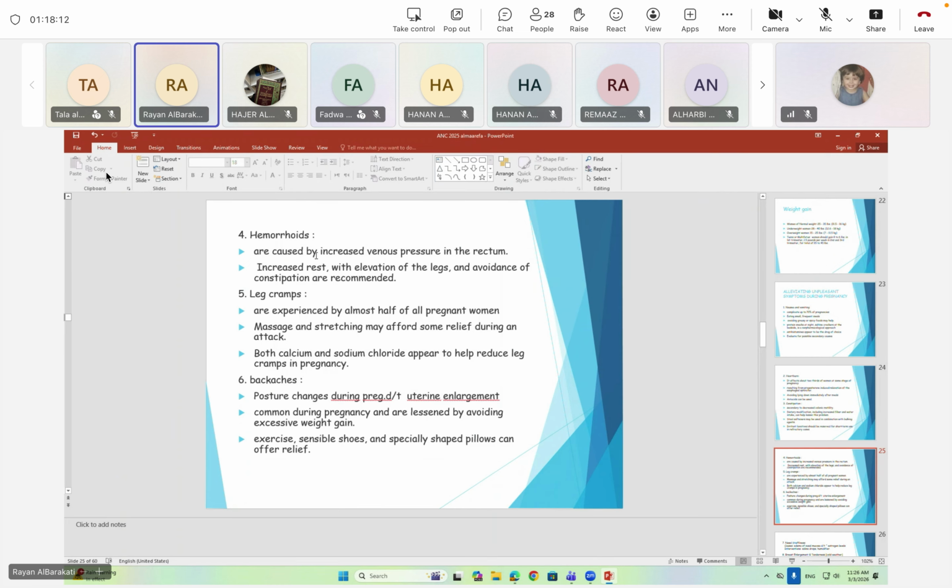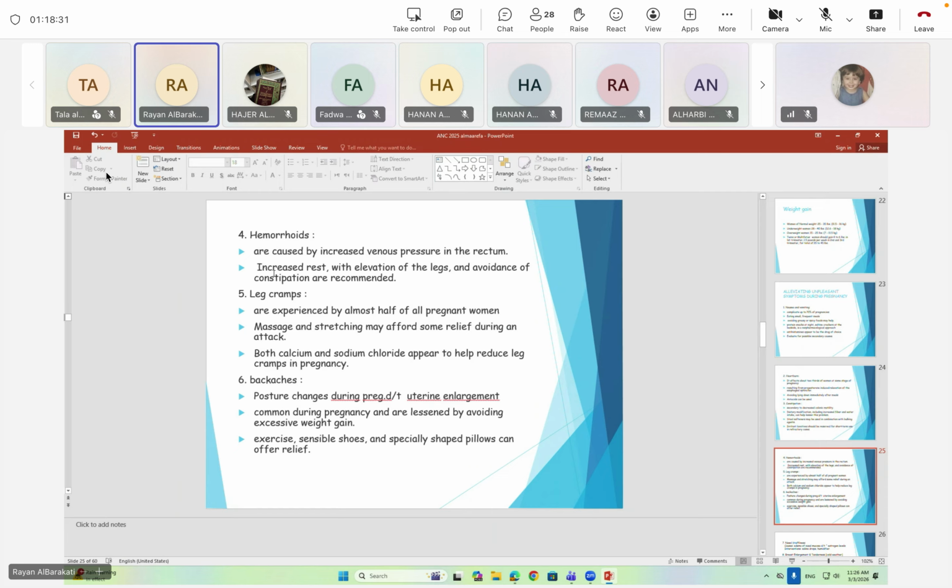Hemorrhoids are also a complication that may be caused by pregnancy. This is due to increased venous pressure in the rectum. Rest with elevation of the legs and avoidance of constipation are recommended for hemorrhoids.